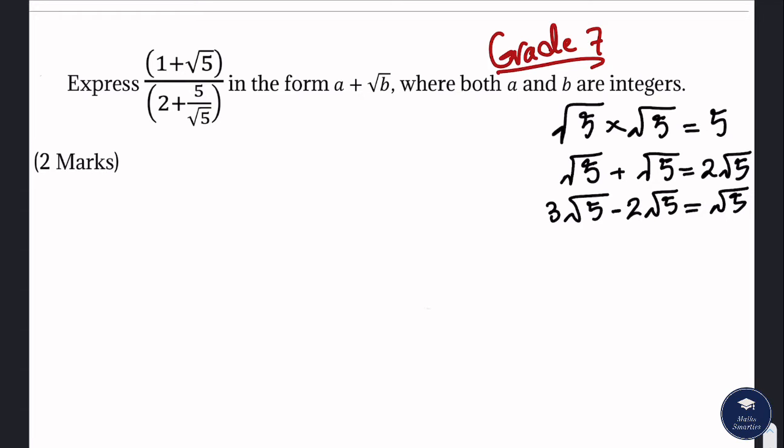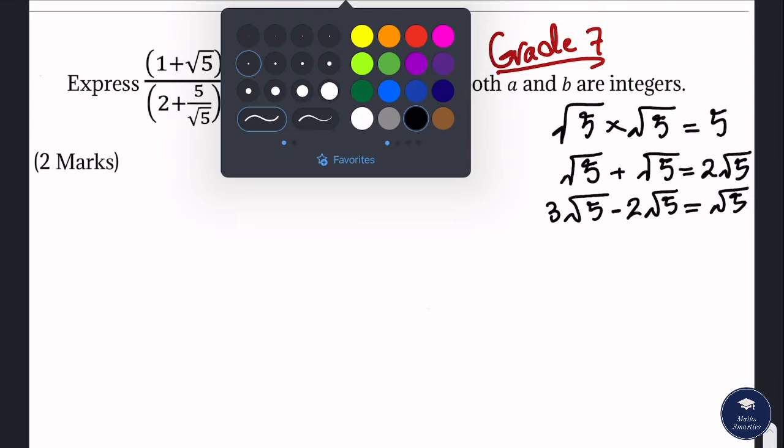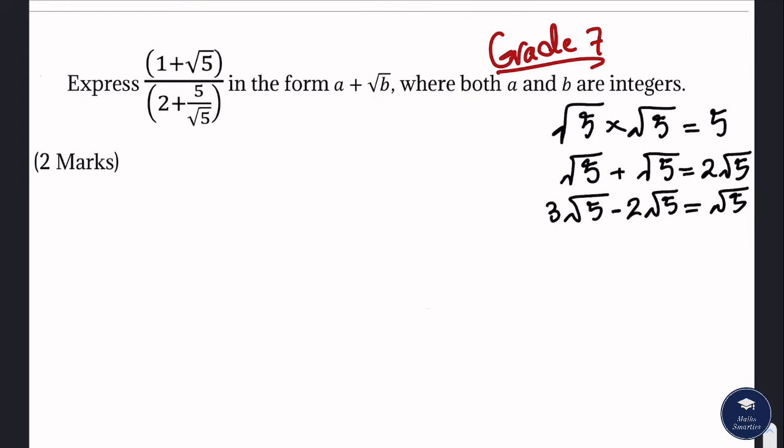Now, first of all, how do I eliminate the surds? Now, we need to look carefully at this sign. Let's highlight it in red. This is positive. Now, I want to flip the sign, okay? So I want to make it subtraction or minus.